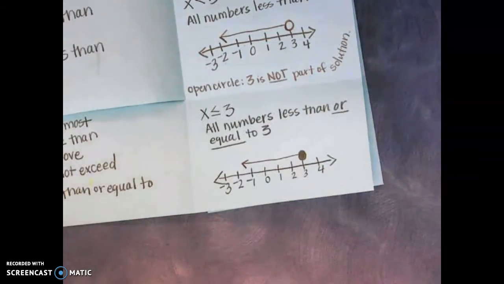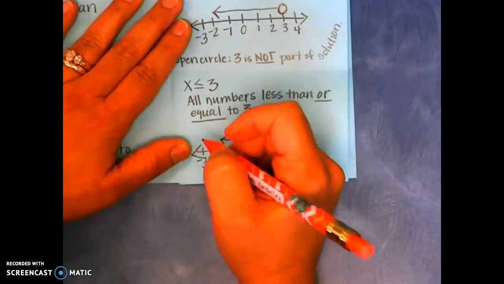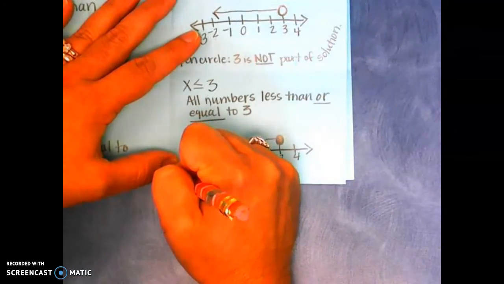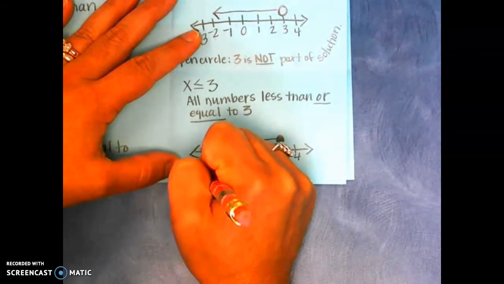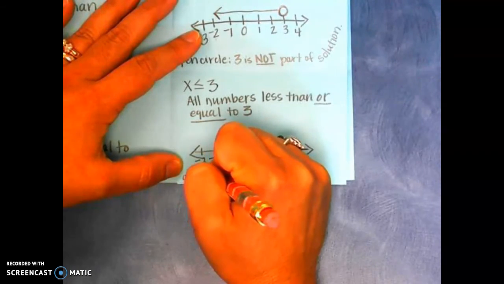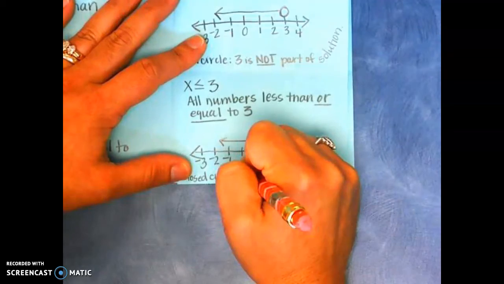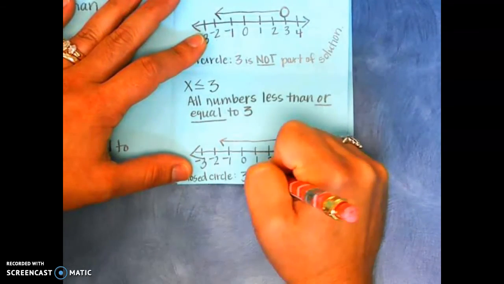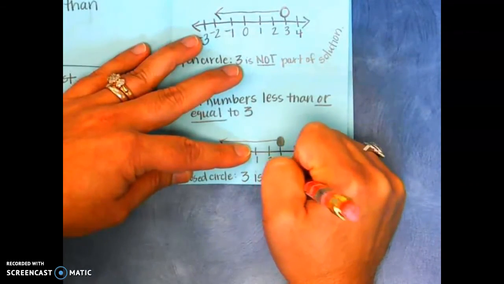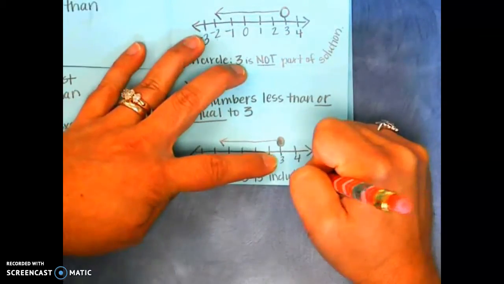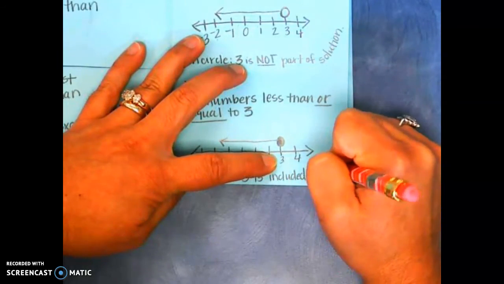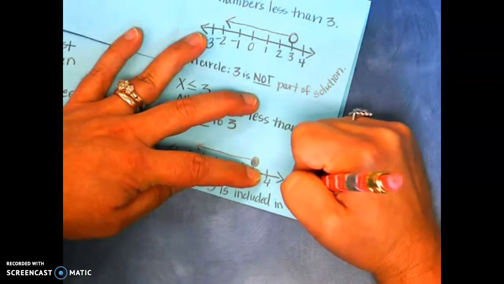So last thing we're going to write is closed circle one more time, a closed point, and this is very important, okay? The closed circle simply says the 3 is included in the solution, okay?